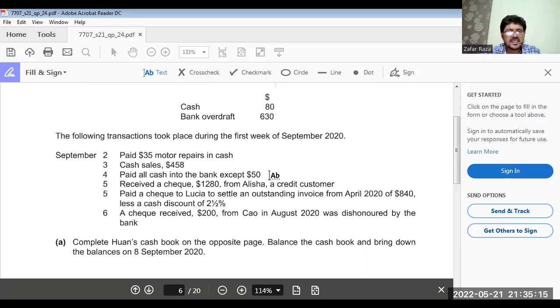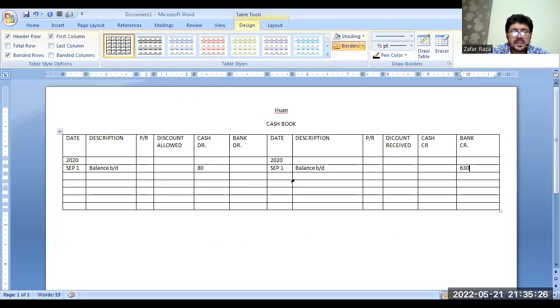Now, first transaction, paid 35 motor repairs. So it is going to be reported on the credit side. And the date was September 2.